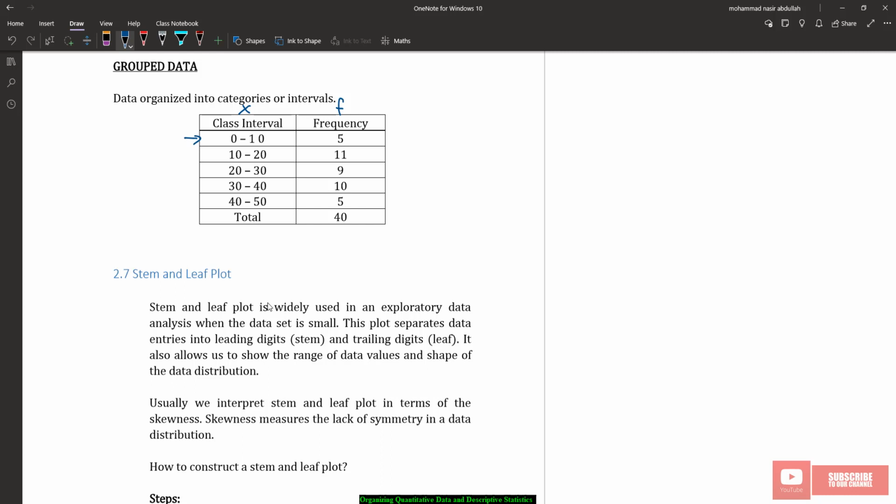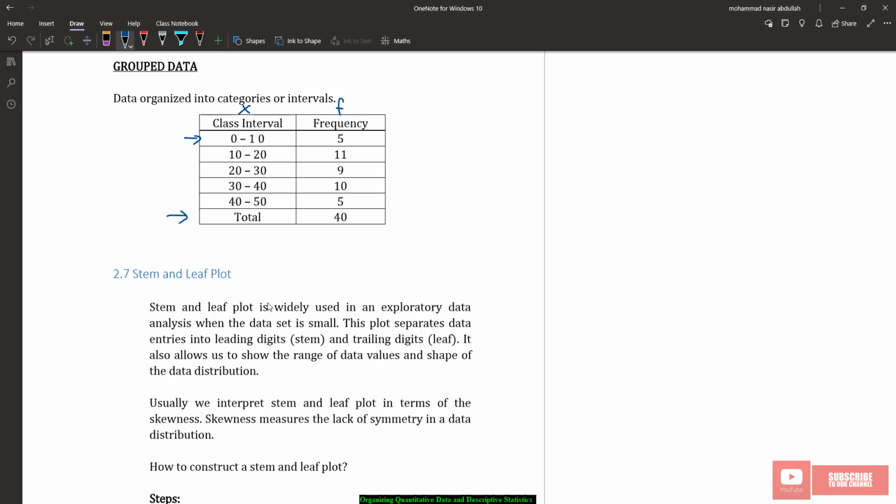On the second column, we have the same value, which is frequency. In the last row, we have the total for the whole frequency table. This is an example of grouped quantitative data.